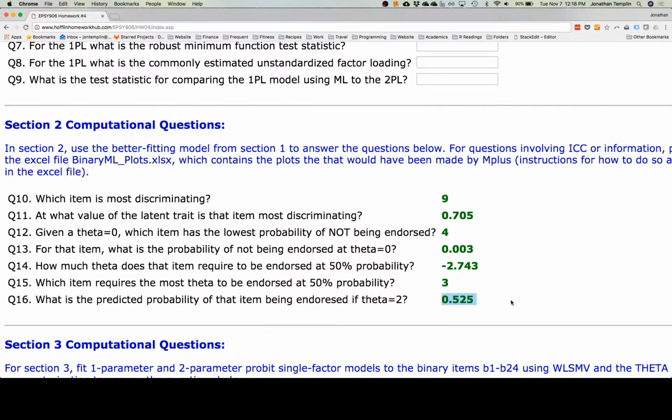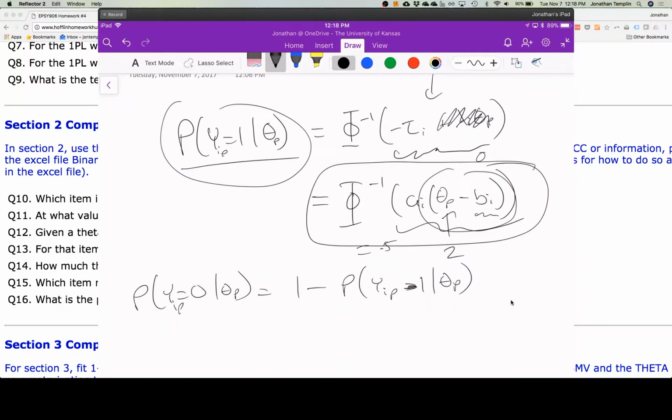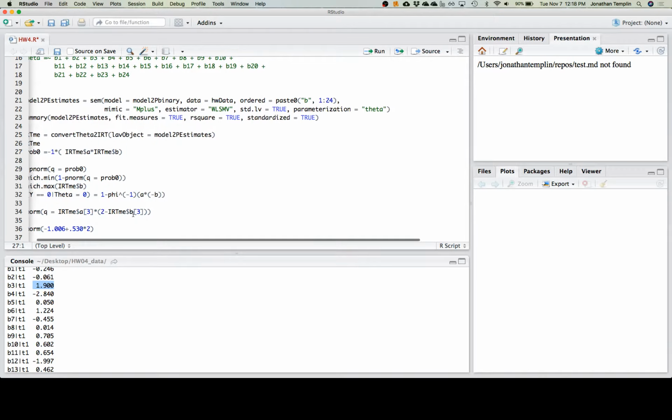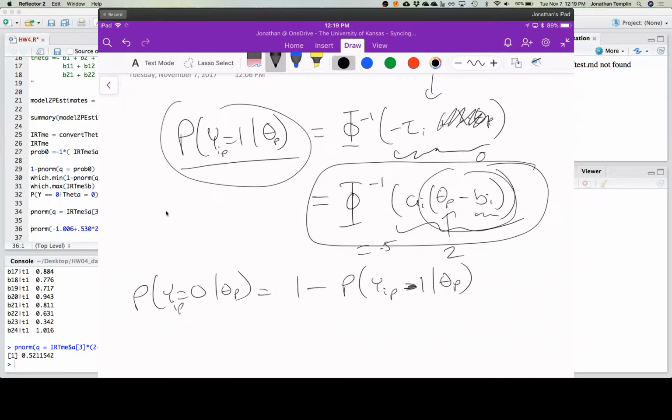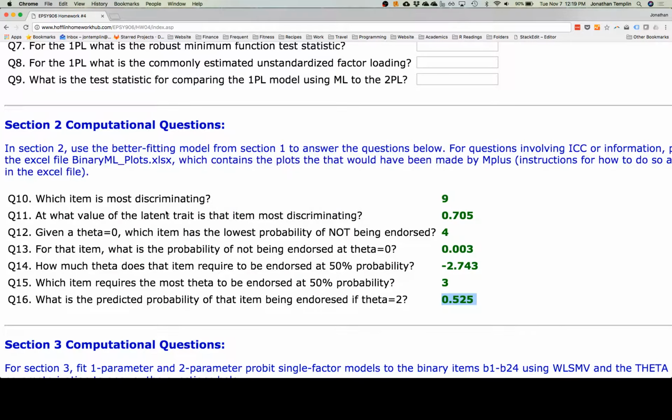And so because of that, if you do that in R, this is the p-norm function of it right here, you're going to find your probability is 0.521, whereas it really should be 0.525. So for item 16, you just use the Lavaan output, or 0.525.